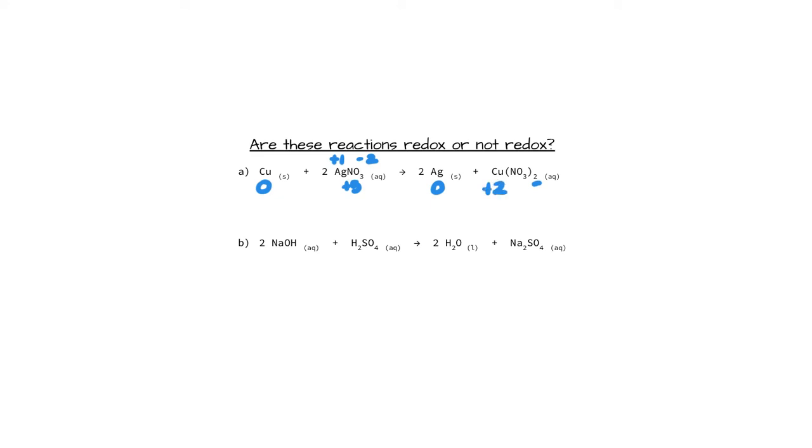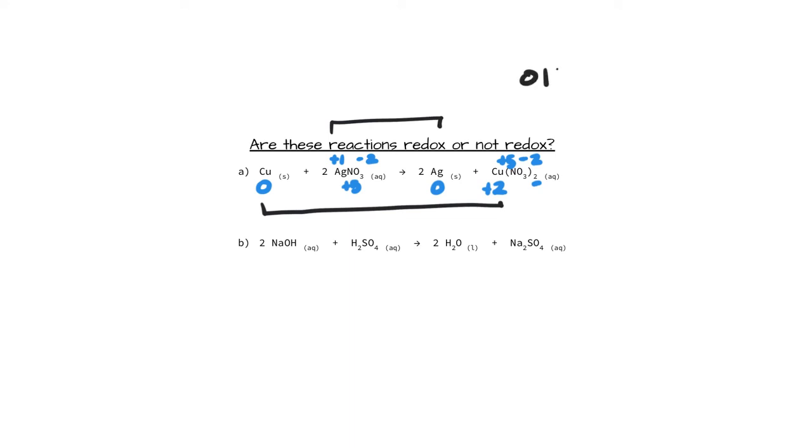And again, I know that oxygen is going to be a -2, and that makes our nitrogen a +5 again. So if I look at this, then I have to determine where the changes occurred. I know that copper went from a 0 to a +2, and I know that silver went from a +1 to a 0.